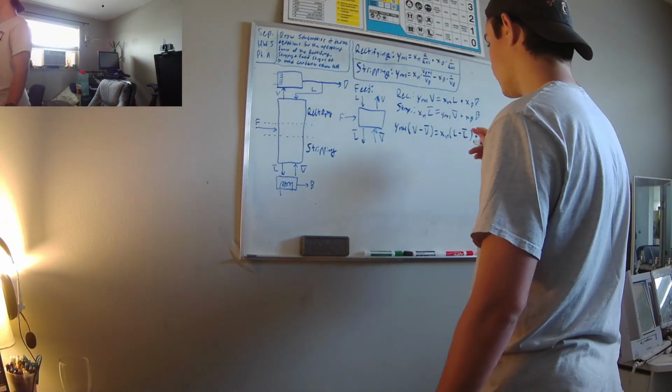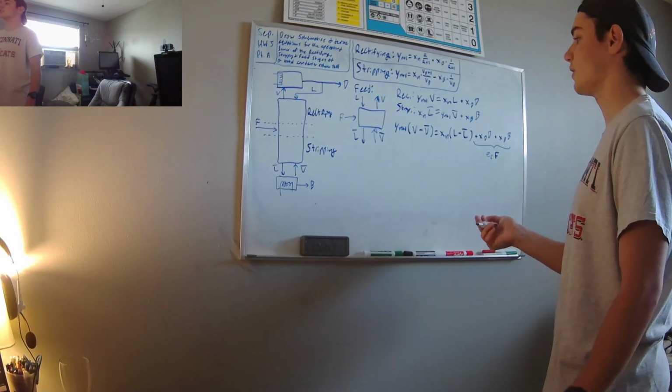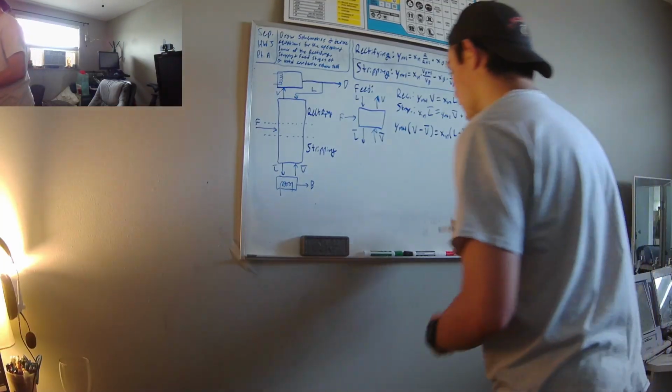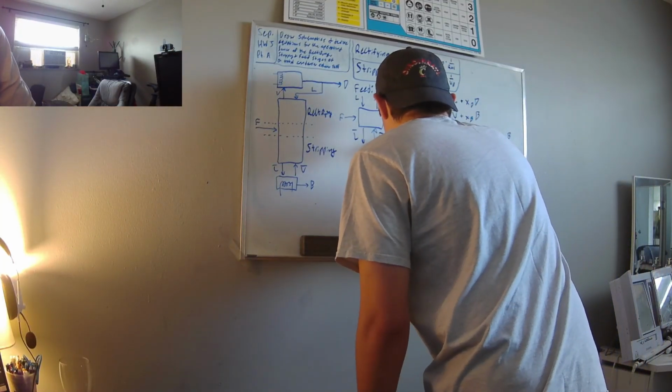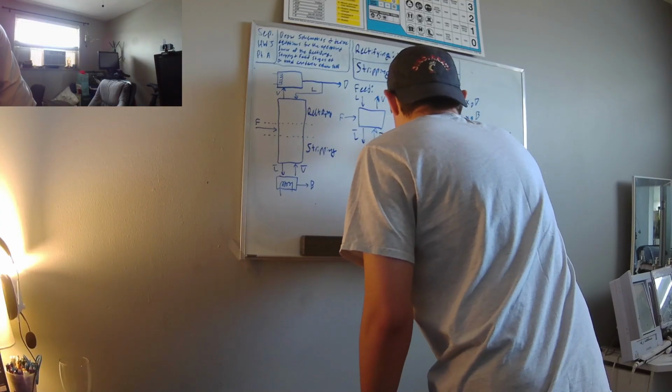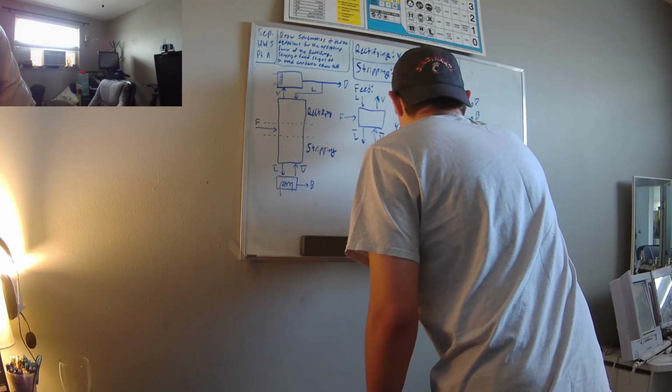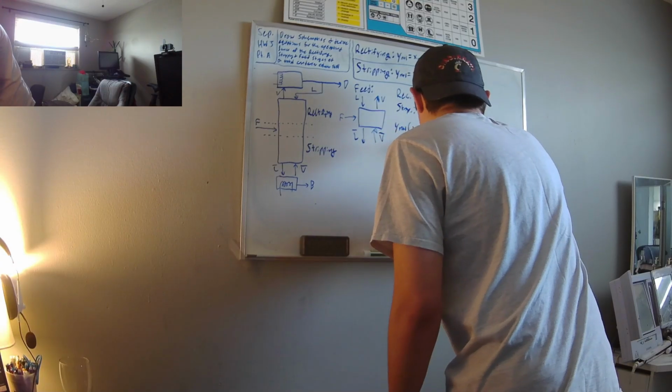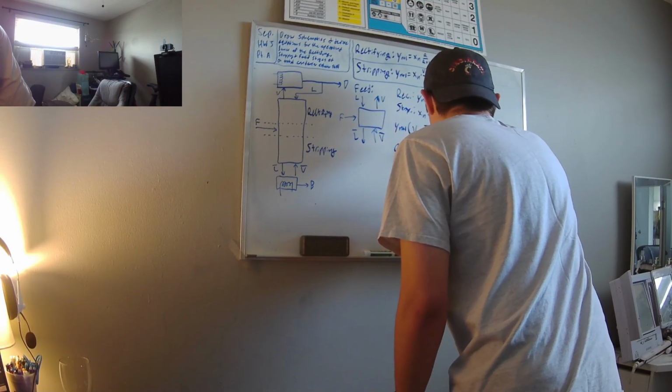So moving on from here, as we did in the previous two sections, we're going to need another metric, which is going to be our Q. And our Q is the liquid fraction of our feed stream.